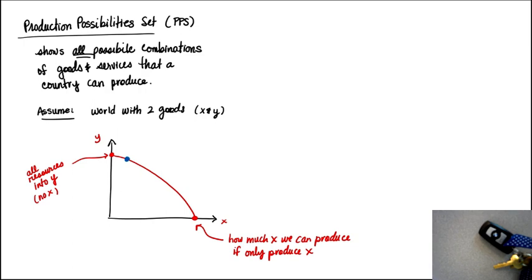We can switch between X and Y, everyone agree? But I can't produce more than that. And do we agree the same thing with this second blue dot? I can switch between X and Y, but I can't produce any more. And same thing with this blue dot. So what that tells us is that there is a set of points along that border that show us maximum output.